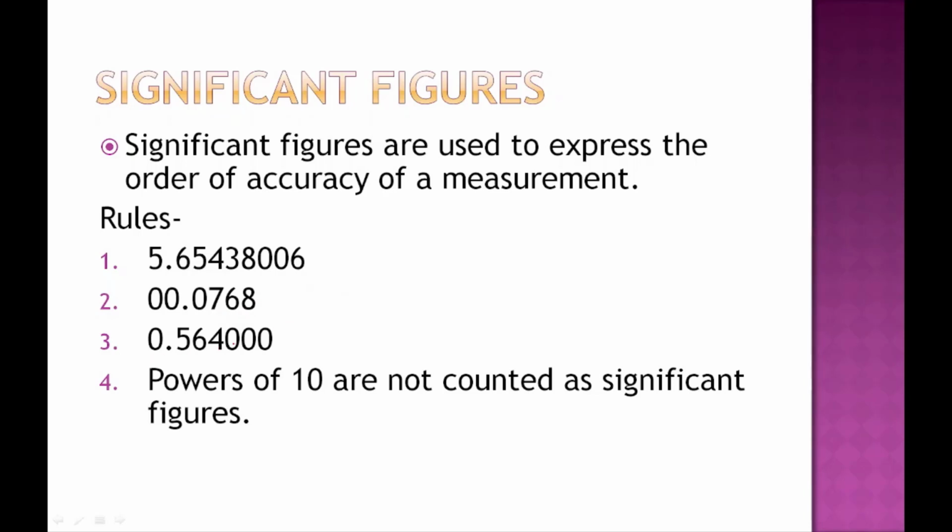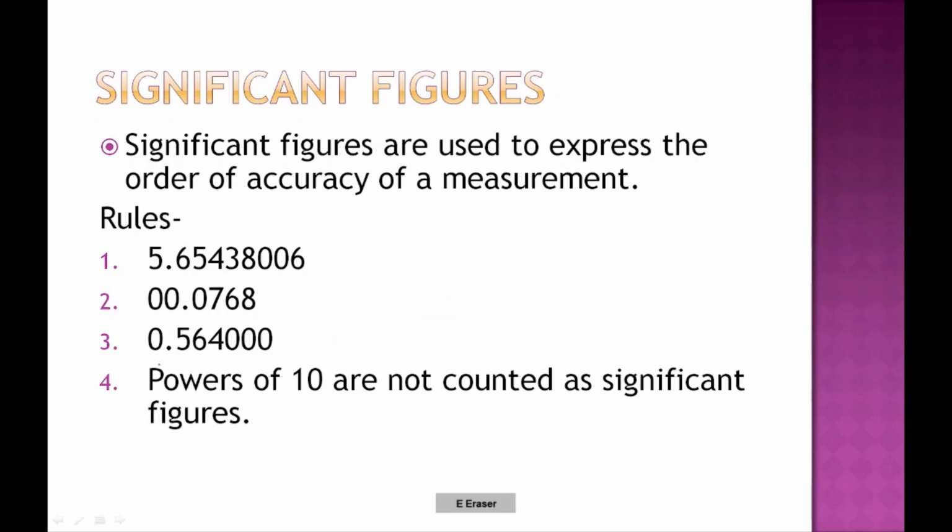Now what does the third rule say? The third rule says that zeros to the right of non-zero digits are significant in nature.